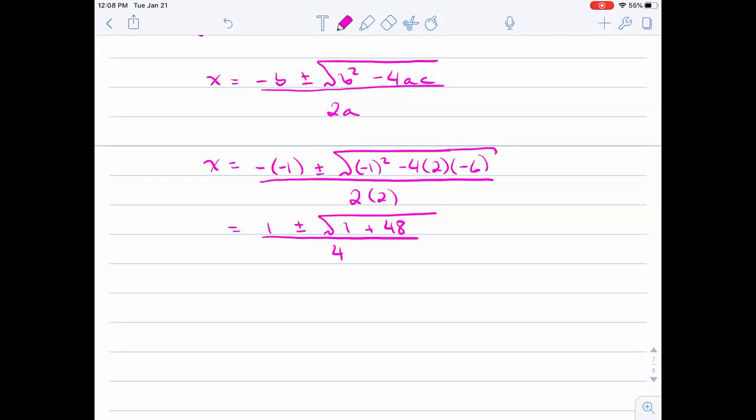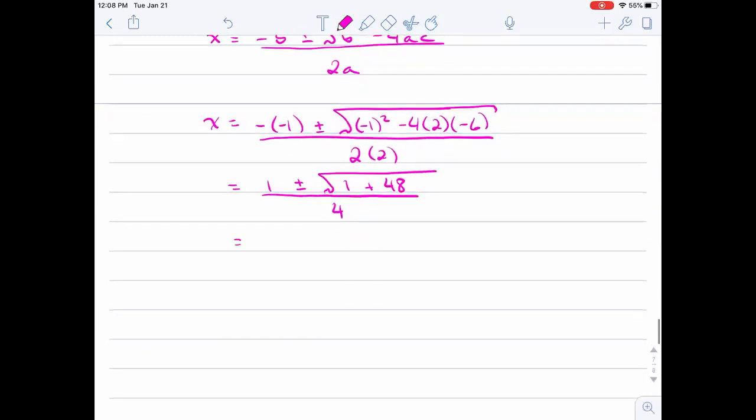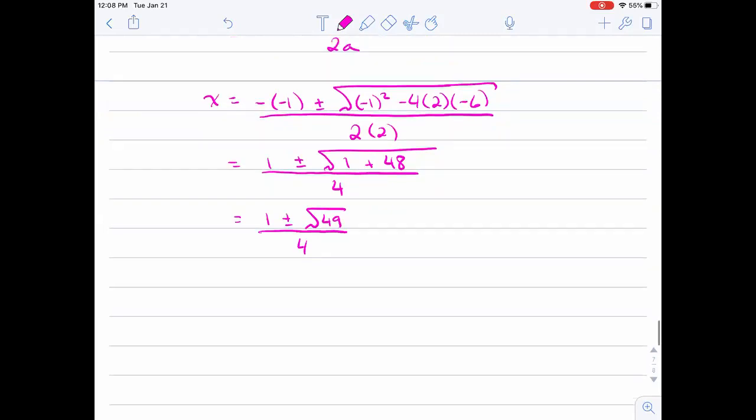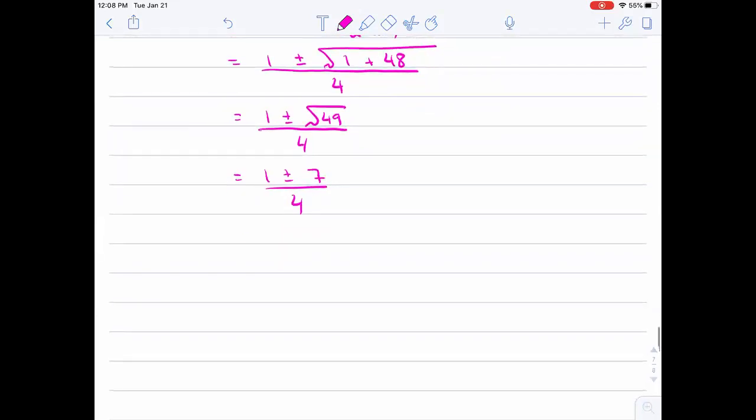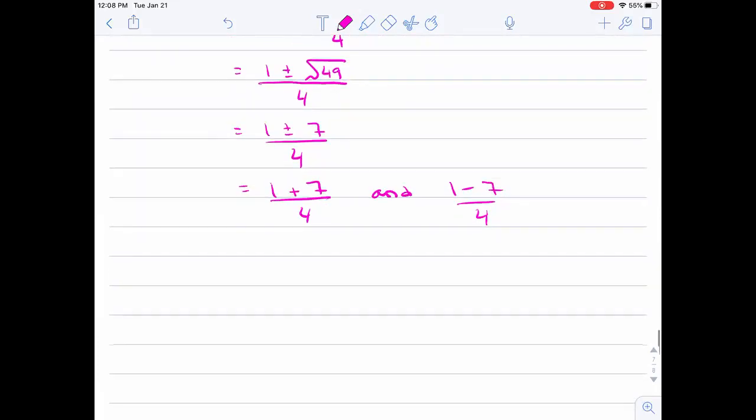1 plus 48 is 49. And so I get 1 plus or minus the square root of 49 over 4, which is a nice number, 7. So 1 plus minus 7 divided by 4, which means that x is equal to 1 plus 7 divided by 4 and 1 minus 7 divided by 4.